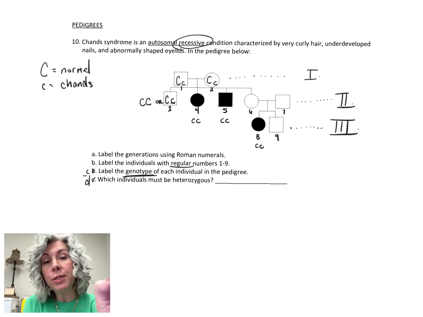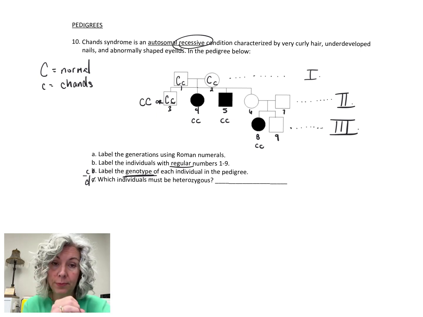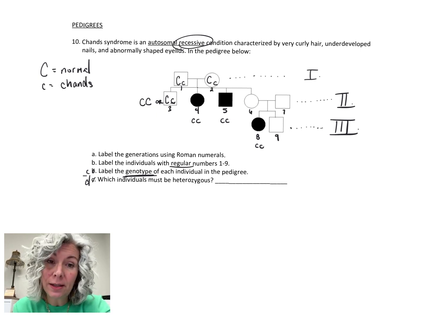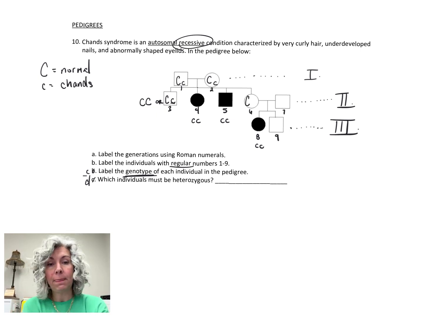All right, let's look at number 6. To figure out number 6, the female, circle, female, the daughter of the first gen, we know it has to have a capital C because it's not shaded in. All right? We can figure out what the other one is because look, number 6 married number 7, and they had a child, number 8, with Chans.